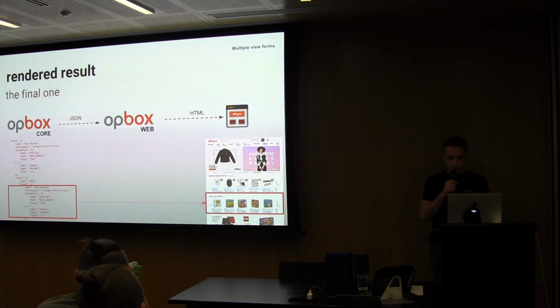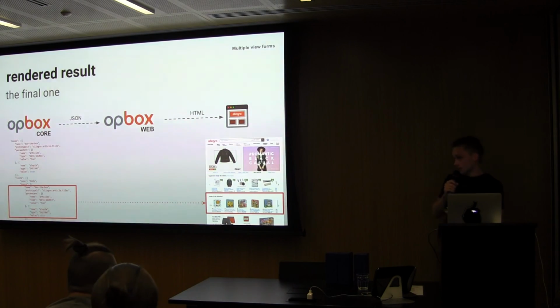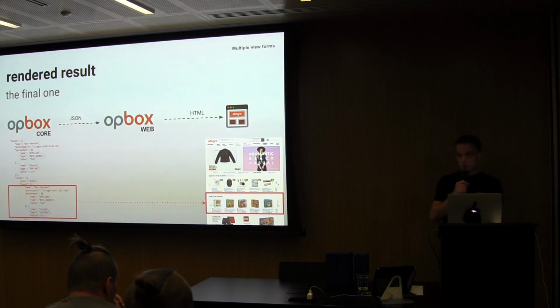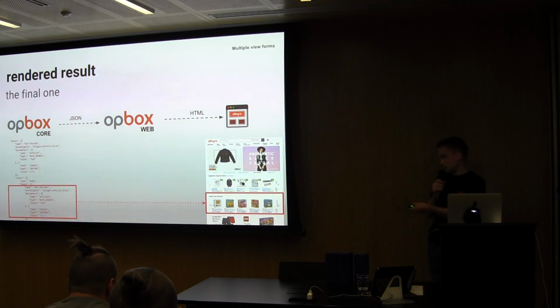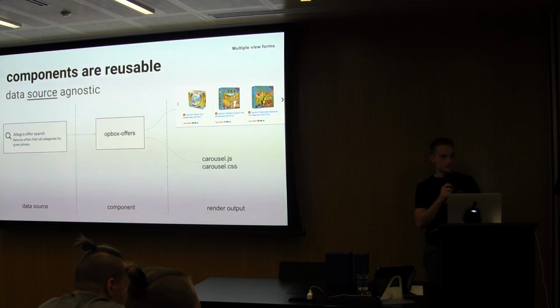It's not like operating on strings. Another good part of that is that scripts and styles are processed independently from the markup, so they can be transformed and optimized in the context of the whole page.